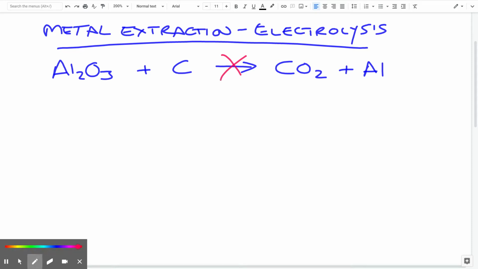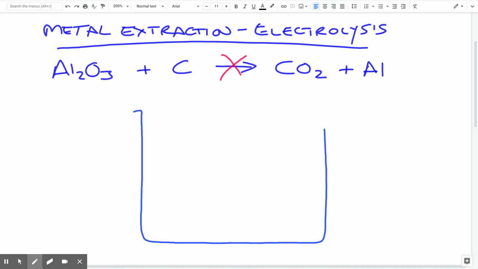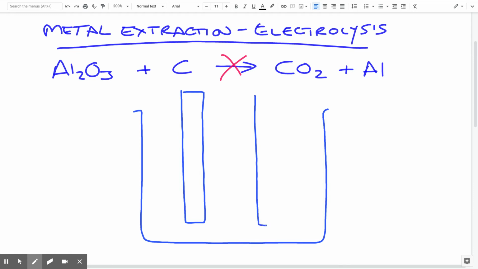So we have to undergo what's called electrolysis. Now, electrolysis occurs when we have two electrodes placed into a solution or a molten source of a compound, an ionic compound. And for the purposes of this discussion, I'm just going to use a very generic metal.